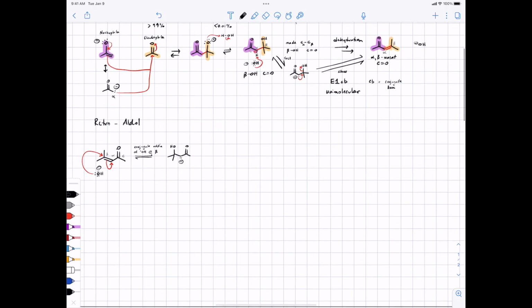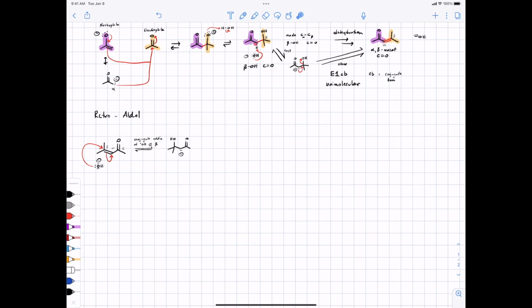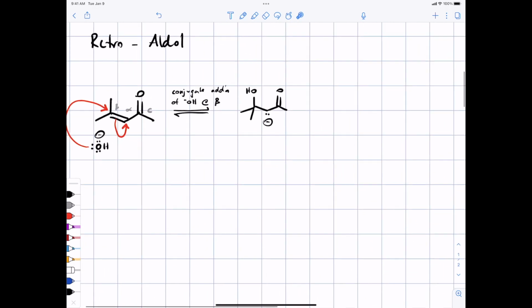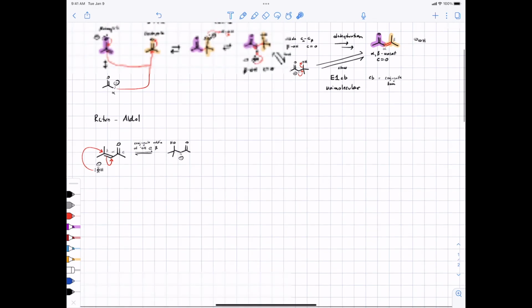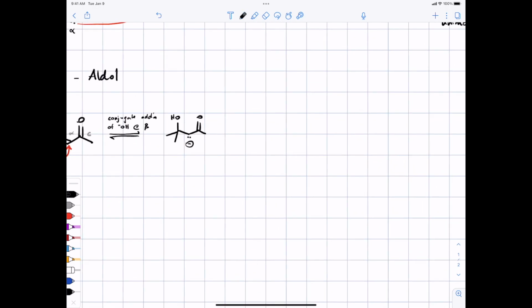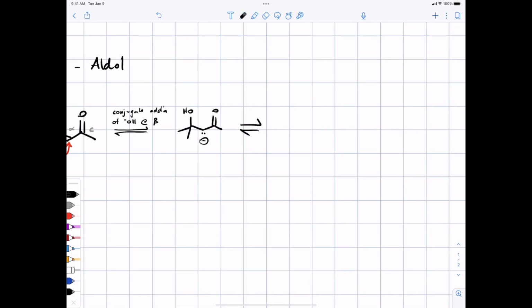Go ahead and convince yourself that that is the same intermediate that we drew immediately before. Then, what's the intermediate before that one? It's the one where we just have no enolate, just the regular neutral molecule.